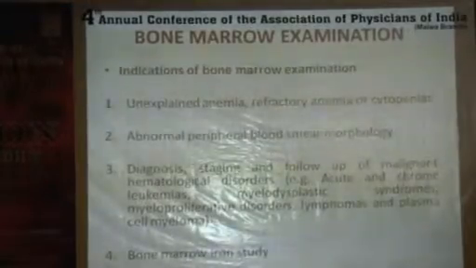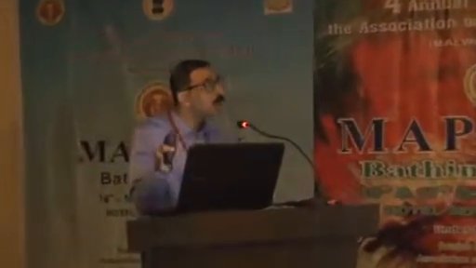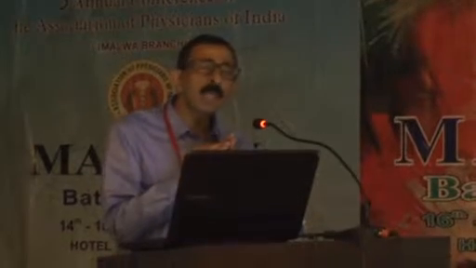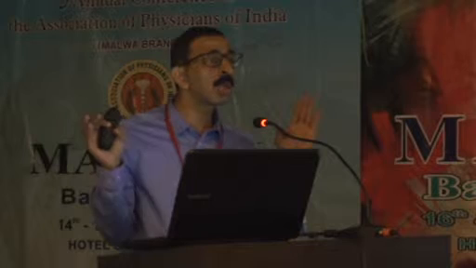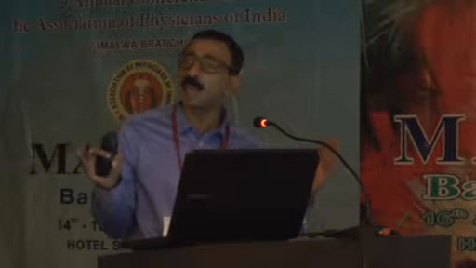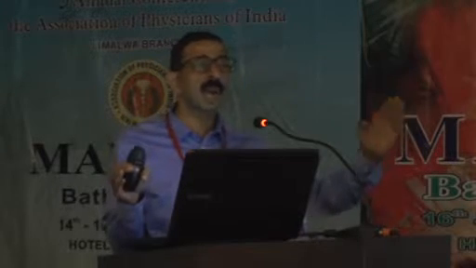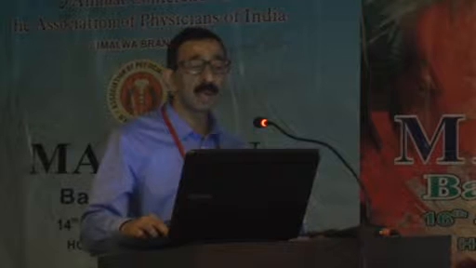So any anemia which is not responding to treatment, refractory anemia, unexplained anemia, associated with leukopenia, thrombocytopenia, or a peripheral blood film showing some abnormal looking cells. For any hematological malignancy presenting as anemia, we would need a bone marrow. And lastly, as I told you previously also, in iron deficiency anemia, you also might need this.